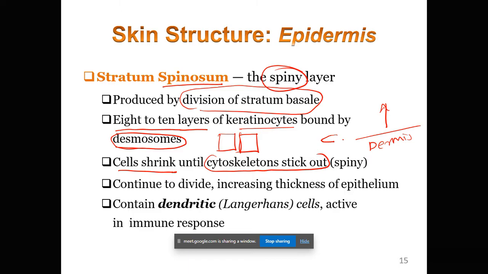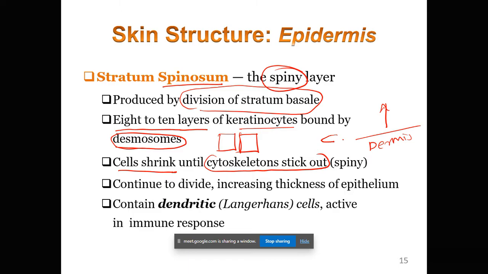The reason is they lose all the organelles which are there in them, from mitochondria to, at some point, the nucleus, and as they lose the nucleus, they lose the capacity to undergo mitosis.